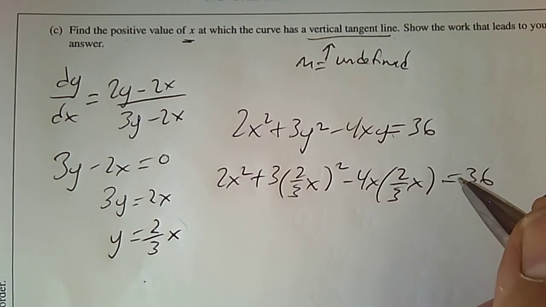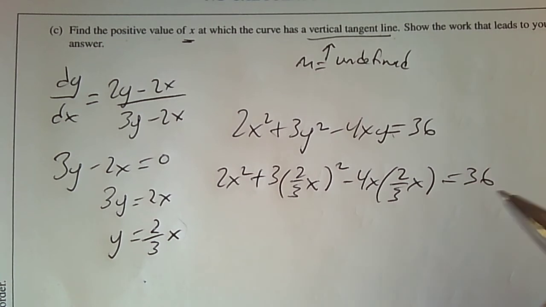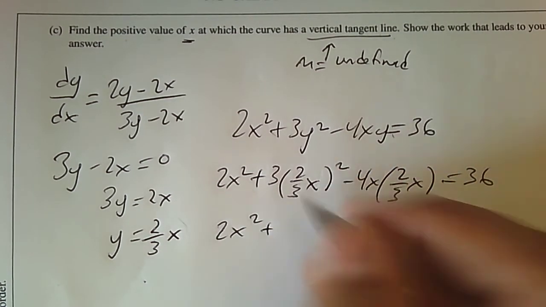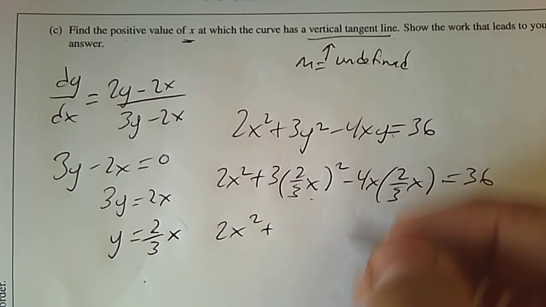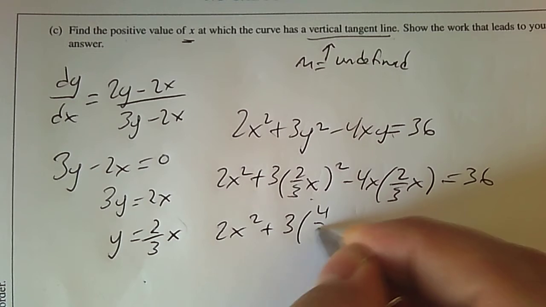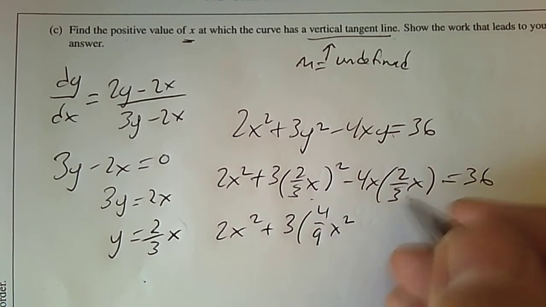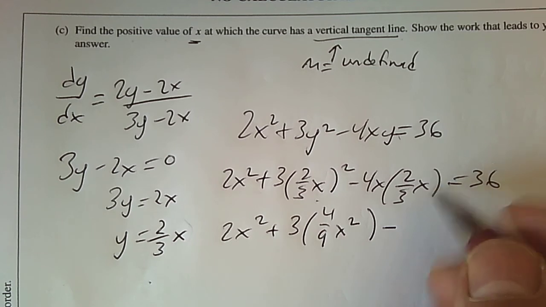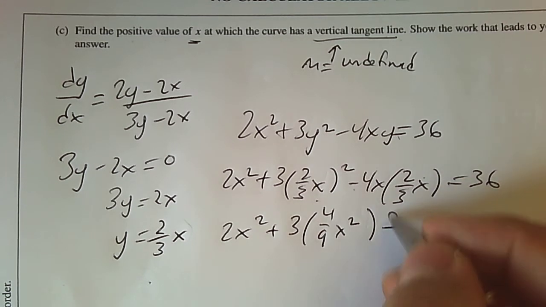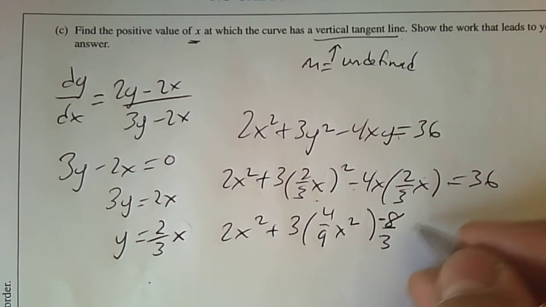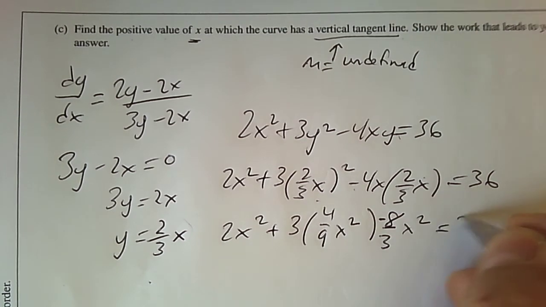And now you're solving for x. So we have 2x squared. The 3's divide out. No, we're squaring, right? So that's 4 over 9 x squared. Here, if we multiply it out, negative 4 times 2/3 is negative 8 over 3, and it's negative x squared, and that's equal to 36.